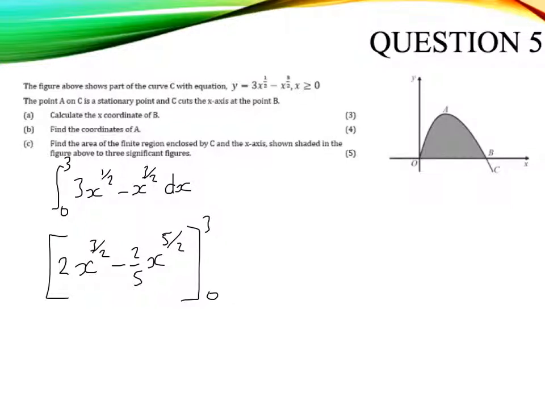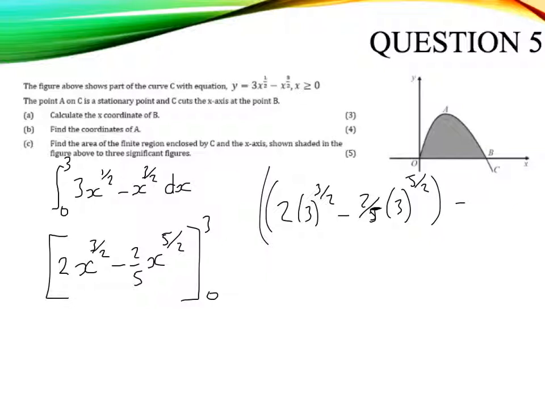So we're going to substitute our values in. We're going to get 2 lots of 3 to the power 3 over 2 minus 2/5 of 3 to the 5 over 2 minus, now if I substitute 0 in, I'm going to get nothing in this first bracket here, and I'm going to get nothing there, so minus 0 at the end.